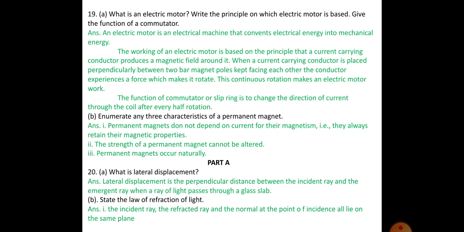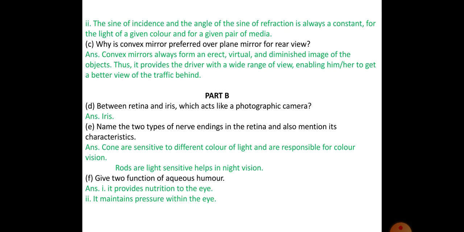Number 1: the incident ray, the refracted ray and the normal at the point of incidence all lie on the same plane. Number 2: the sine of the angle of incidence and the sine of the angle of refraction is always a constant for the light of a given color and for the given pair of media.